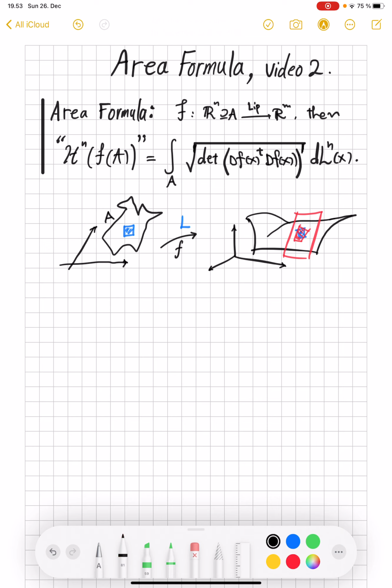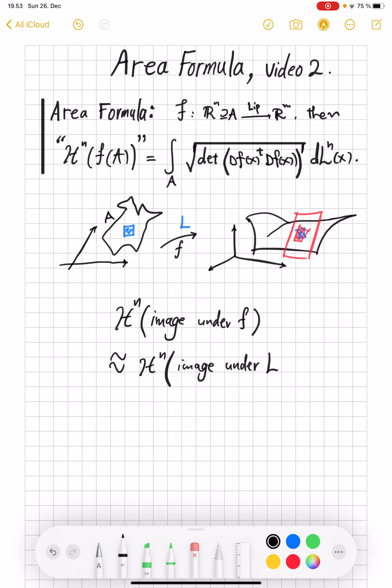Then what turns out to be the case is that Hn of the image under f is quite well approximated by the Hn of the image under L. We're talking about the image of the blue little tiny piece. And this approximation by exhaustion ultimately will lead to the proof of the area formula.